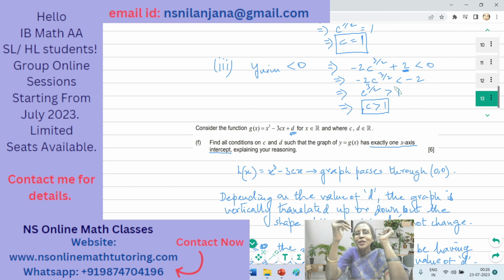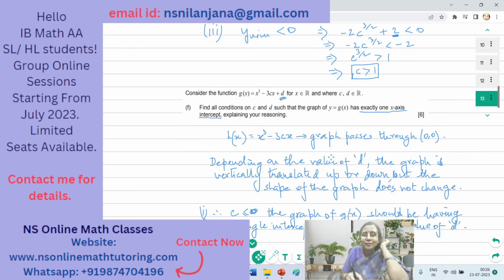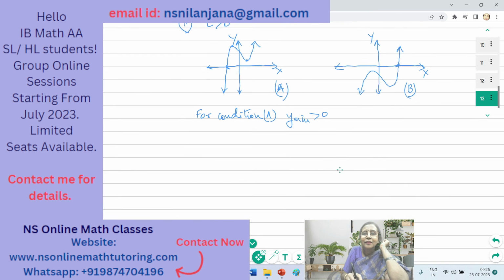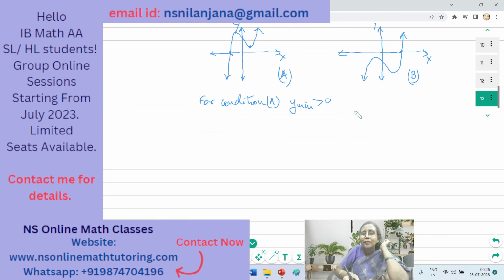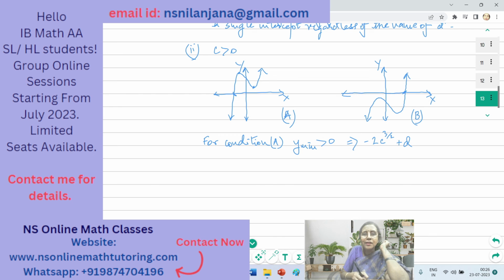So minus 2 times c to the power of 3 over 2 plus d. This is for c greater than 0. For c less than or equal to 0, the d value can be anything.